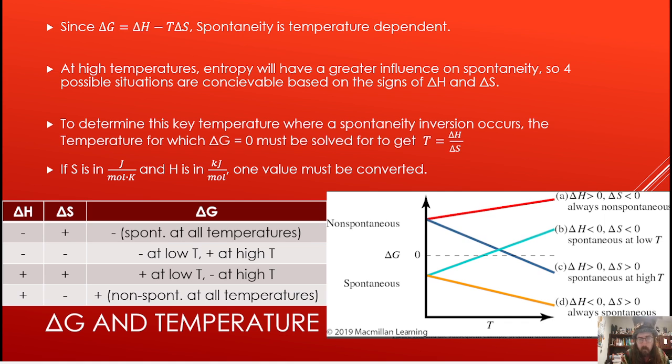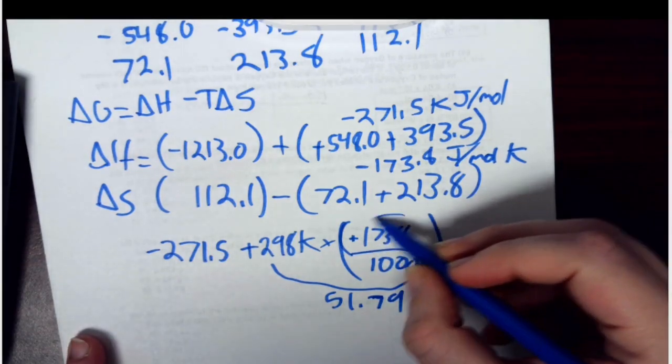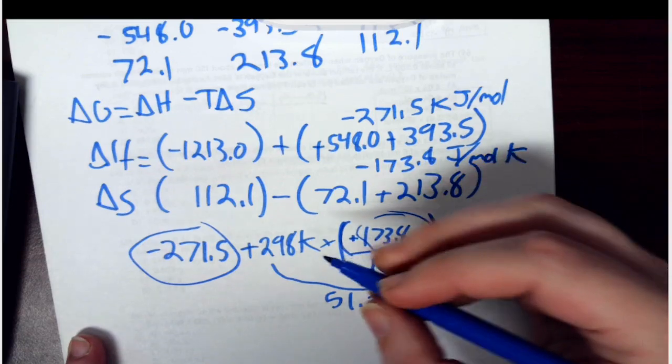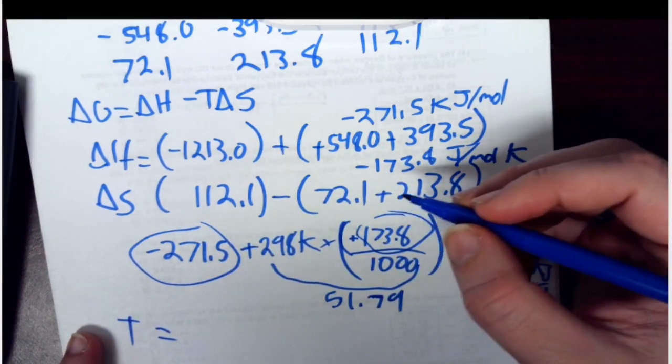Real quick, before we move on to the problem and the end of our slides, I want to look at our scenario we had here. We had 173.8 and negative 271. So what temperature would this cease to be spontaneous?